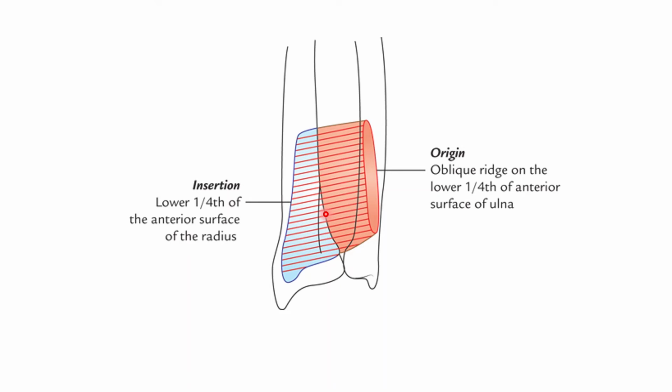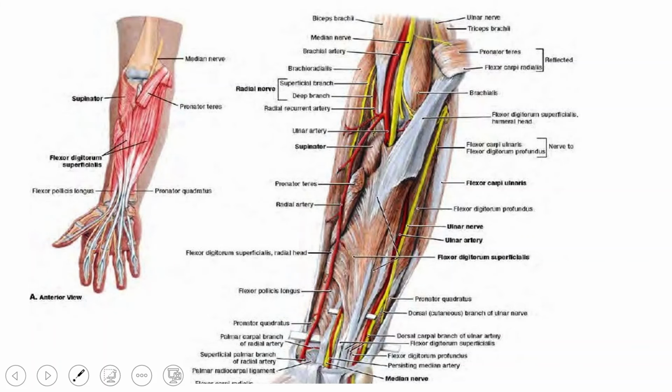So this is in detail about the attachments of all the muscles of the anterior group, that is 5 superficial and 3 deep muscles.